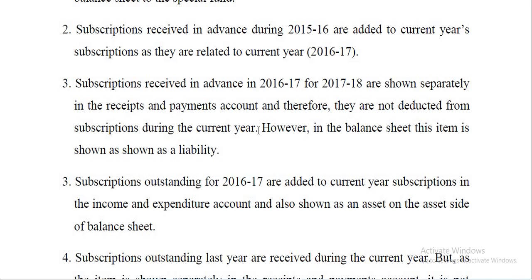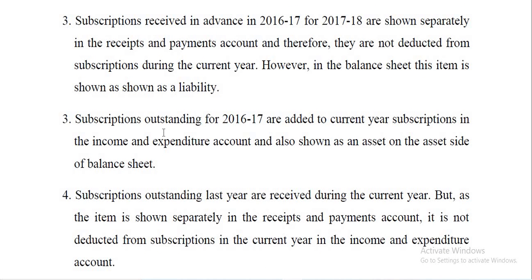See, in the receipts and payment account, separately they have given what is the amount of subscription received for previous year, that is 15-16, 16-17 and 17-18. Therefore, no question of deducting it from subscription received. However, this is shown as an item of liability in the balance sheet, closing balance sheet.